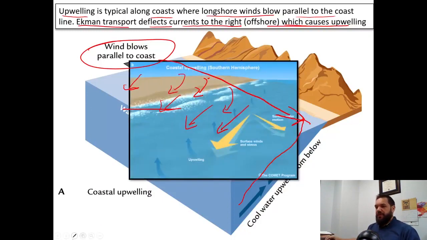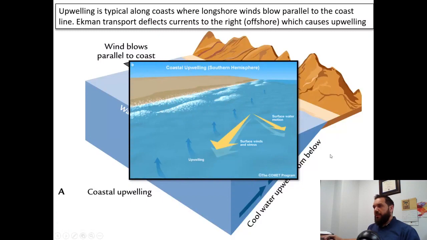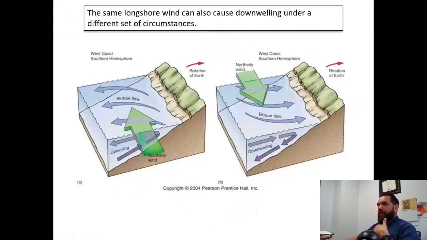So let me erase all the ink on the slide so you can see this better. Now, where you have the longshore wind blowing in the opposite direction, you can get downwelling, right? So the same longshore wind can cause downwelling in a different set of circumstances. You could talk about all the different circumstances, like an east coast or a west coast, the northern hemisphere and the southern hemisphere, and then a southerly wind or a northerly wind.